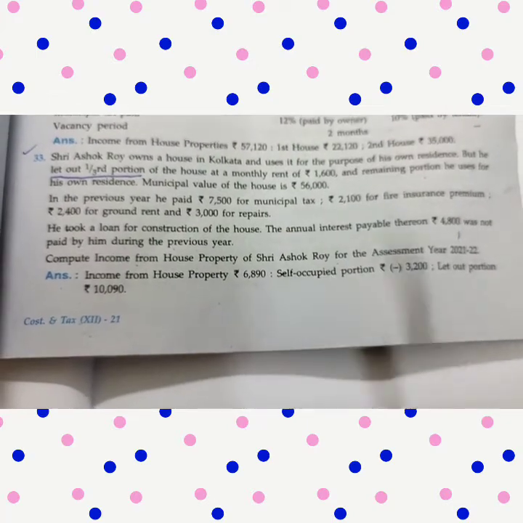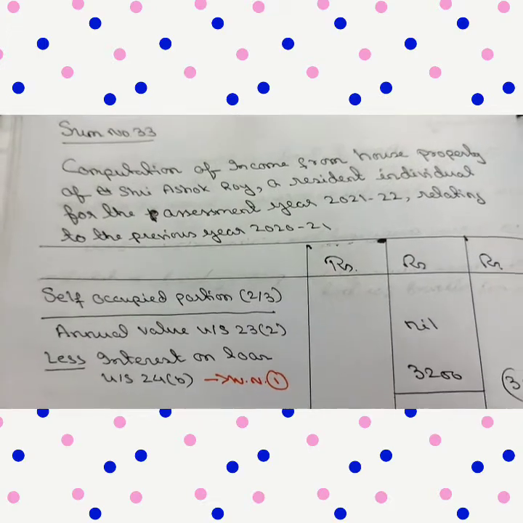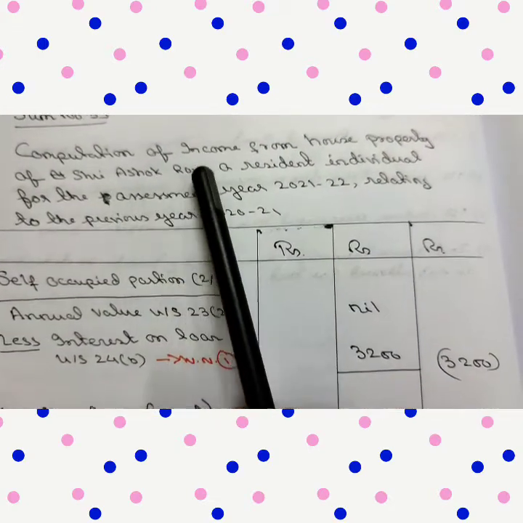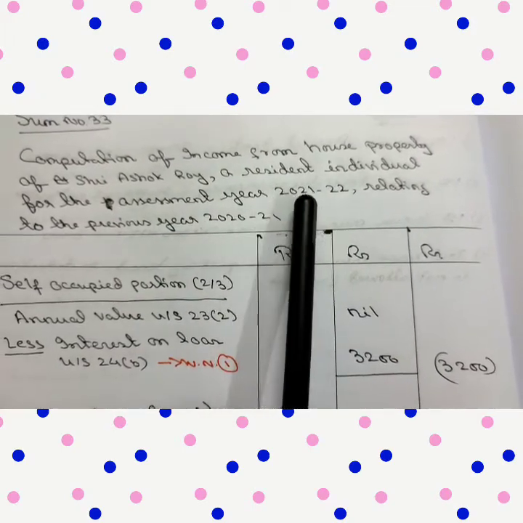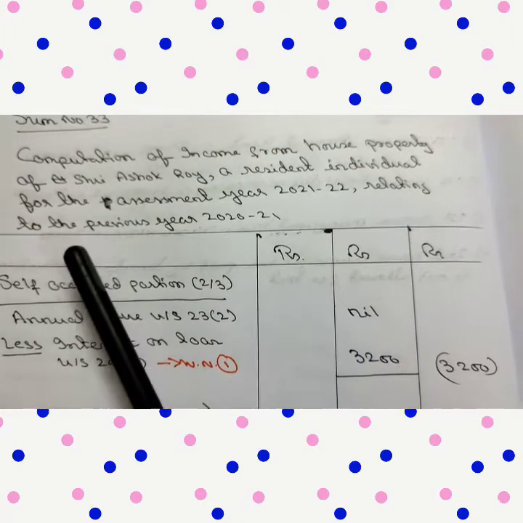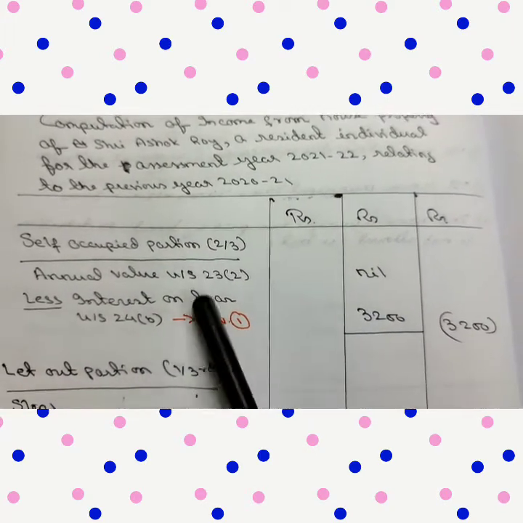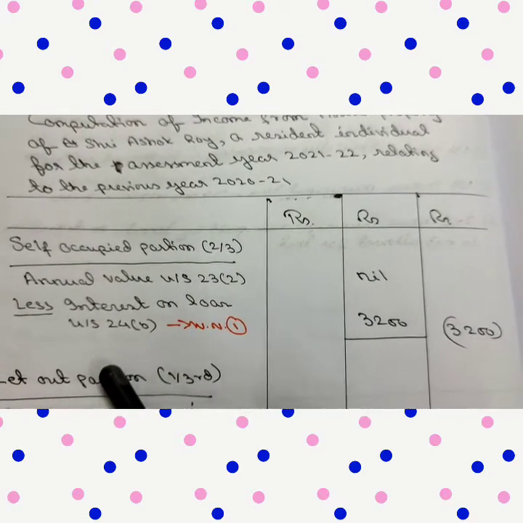Now we will do this sum. Here is the heading. Heading is same, that is computation of income from house property of Sri Ashok Roy, a resident individual, for the assessment year 2021-22 relating to the previous year 2020-21. Now here is one house, but that house is divided into two parts.